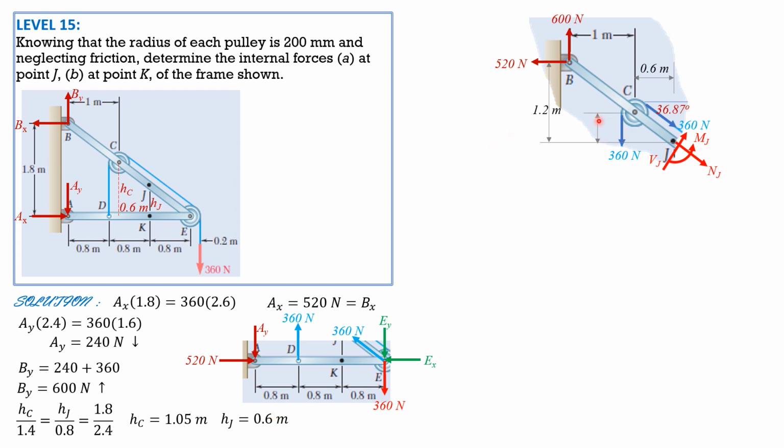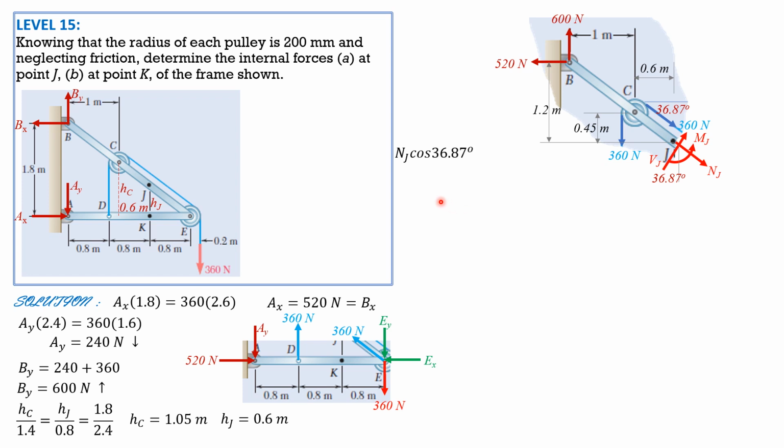And this vertical distance between C and J is HC, 1.05, minus HJ, 0.6, so 0.45.